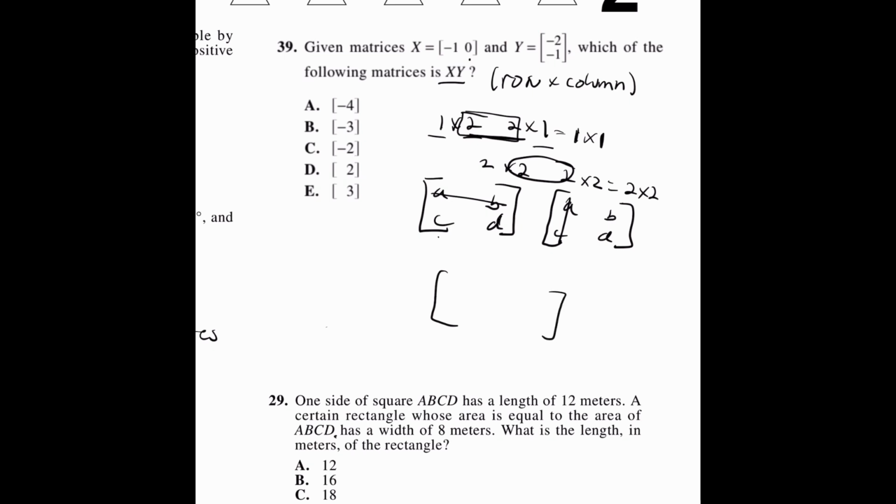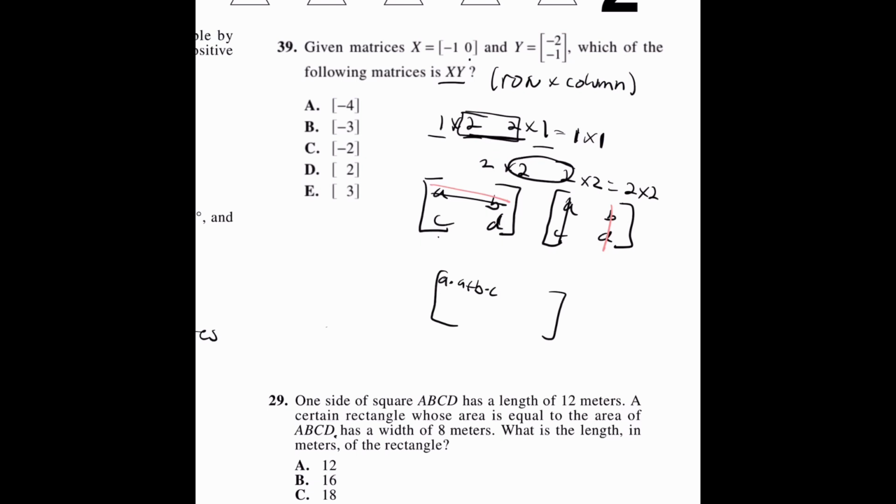That should give you your first number over here. Okay? So it's A times B plus A. Oh, I did that wrong. It should be A times A plus B times C. And then you do the same thing, but with a new row.